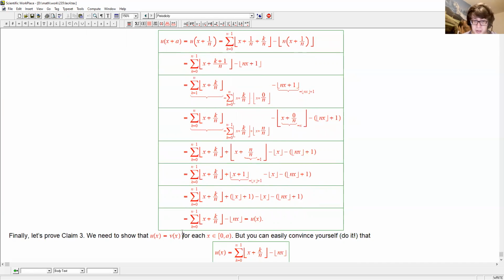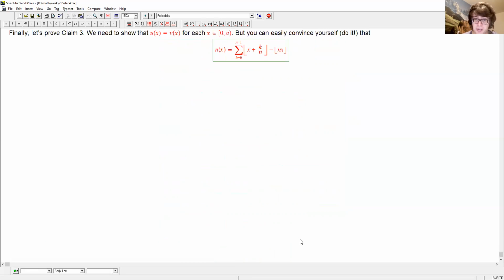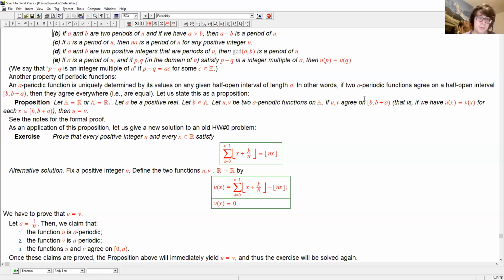For each x between 0 and a, we have u of x. This is the formula that we've used to define u of x. And now I claim that this is 0 and this is 0. And so this is 0, and that's the same as v of x. So claim 3 is proved as well, and we're done.